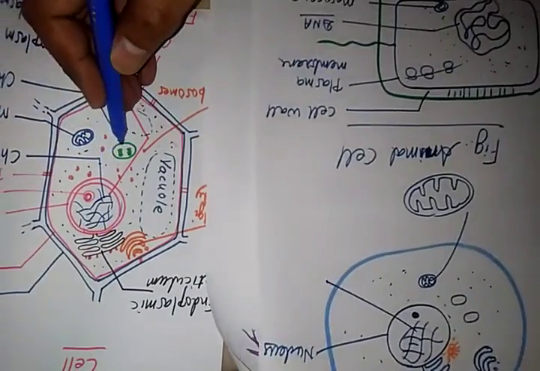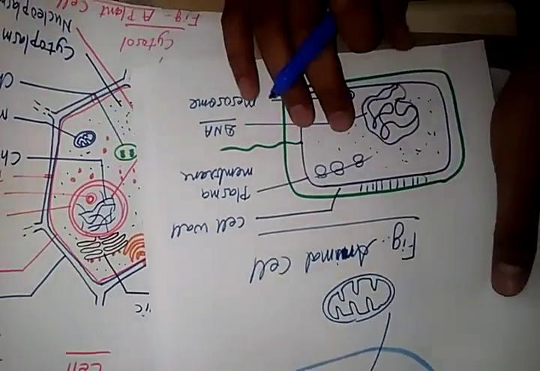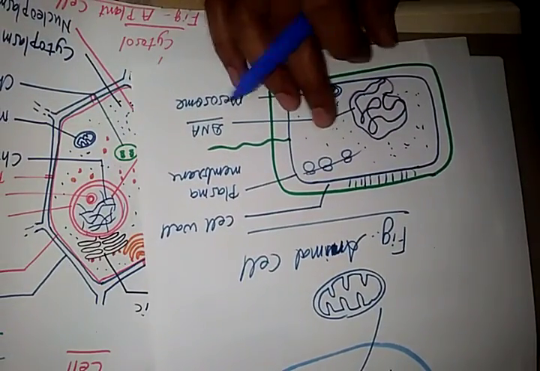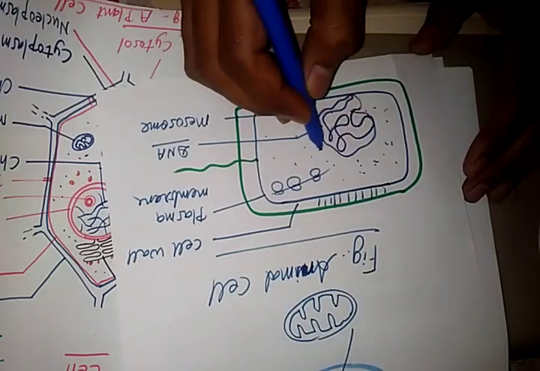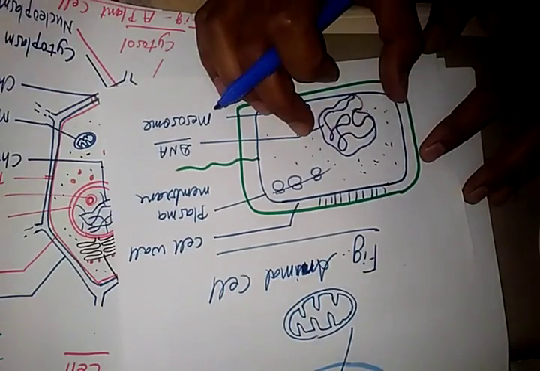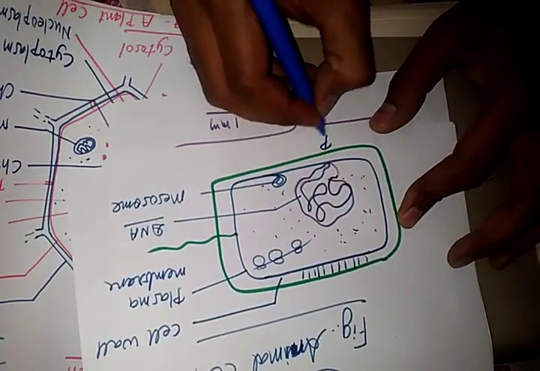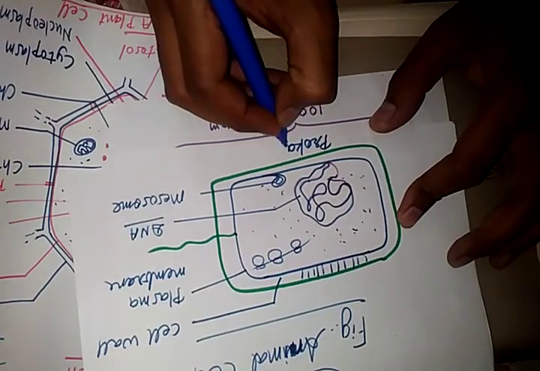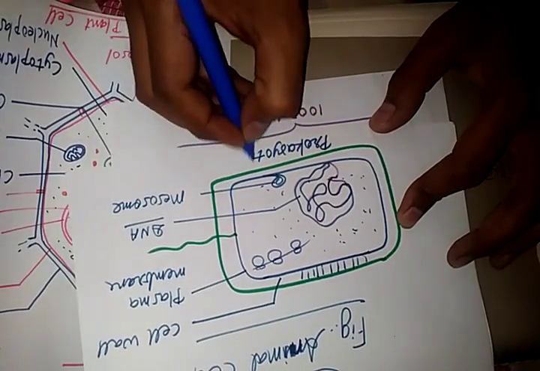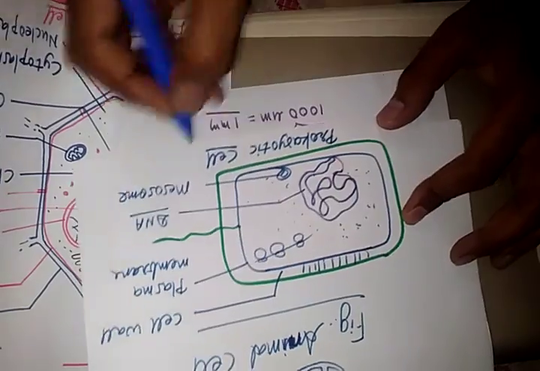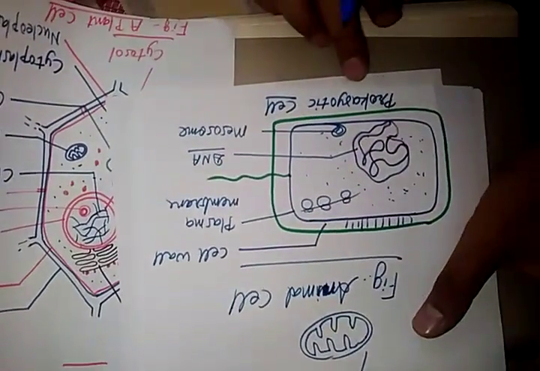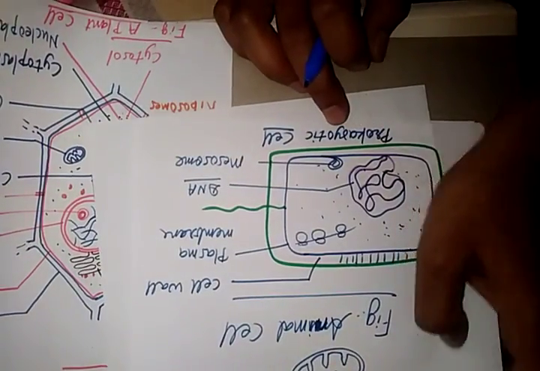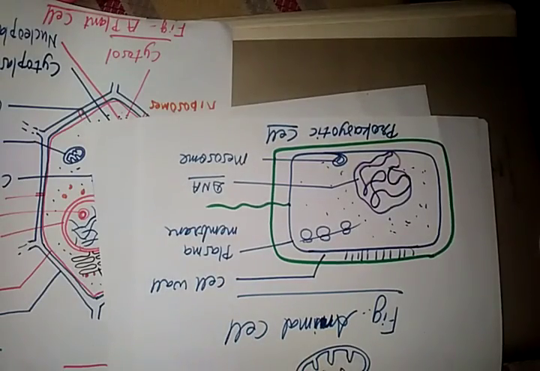These membrane bound organelles are absent in bacterial cell, and as nucleus is absent here, bacterial cell is called a prokaryotic cell. But pro means primitive, karyon means nucleus, primitive nucleus.